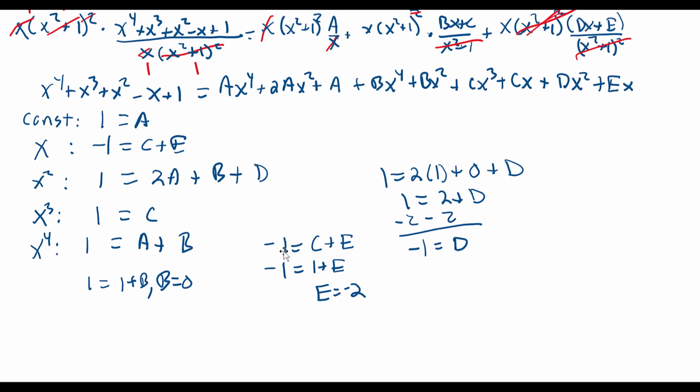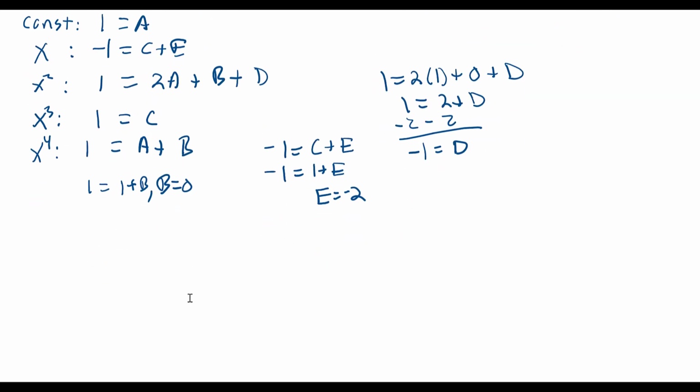So let's put it together. This came together kind of nicely. So that was x to the fourth plus x cubed plus x squared minus x plus 1, that's right, over x times x squared plus 1 squared.